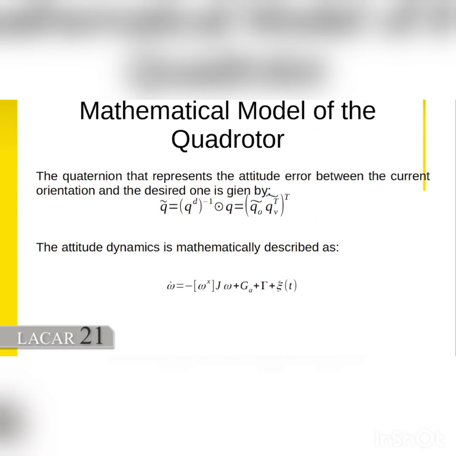In that equation, we have the inertia matrix described by J. Then we have G, the gyroscopic term. Then C is the time-dependent external disturbance. And tau is the vector that contains the moments generated by the difference between the angular velocities of the four rotors.